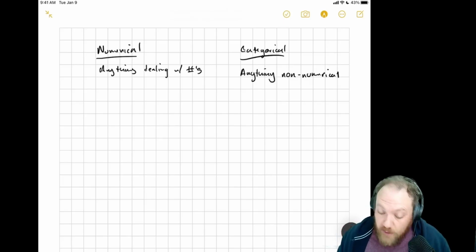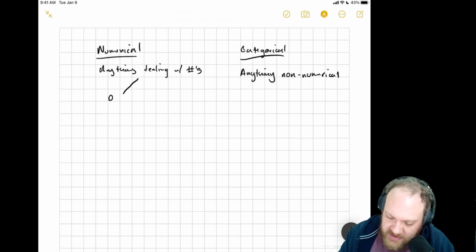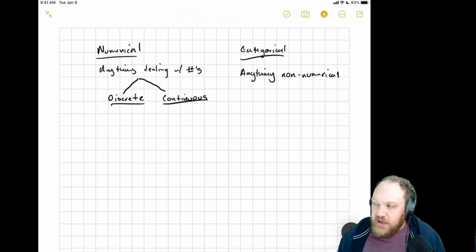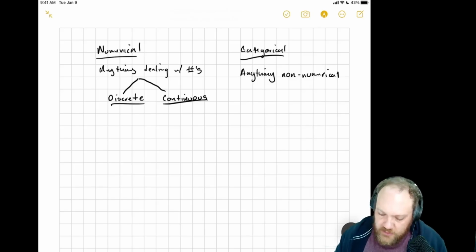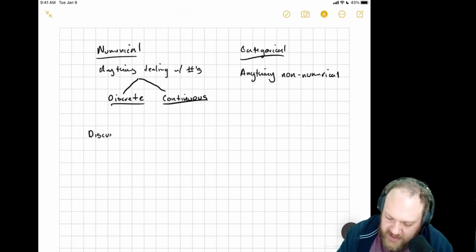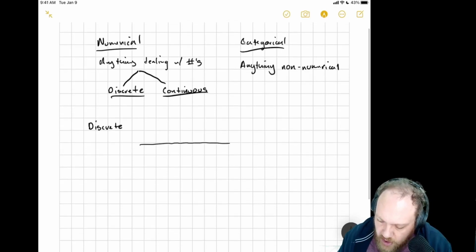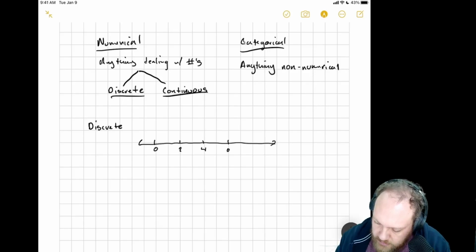Let's first look at numerical. There are two major distinctions that we need to make. The first is discrete, and the second is continuous, right? We have to consider our data to be either discrete in its nature or continuous in its nature. If we're looking at discrete data, right, let's think about an example of this. And again, I'm just going to draw a number line. And I'm going to start here at 0, 2, 4, 6, and 8.